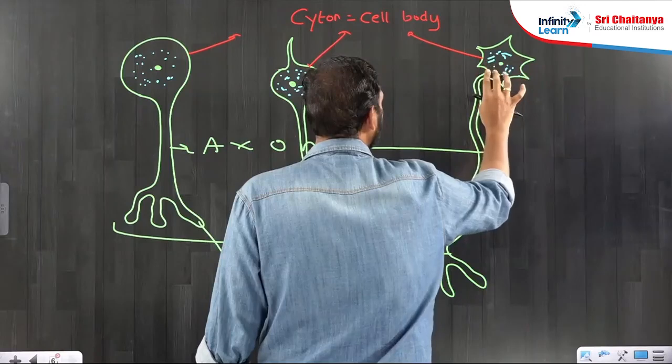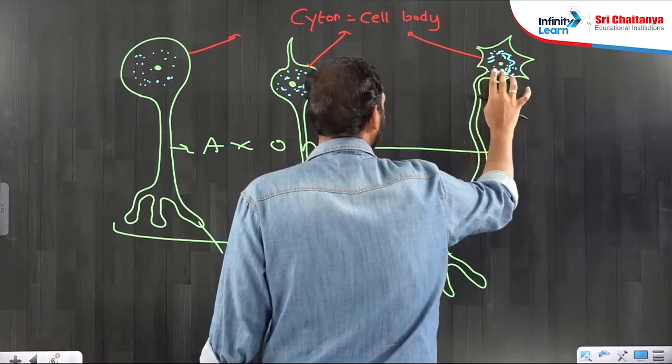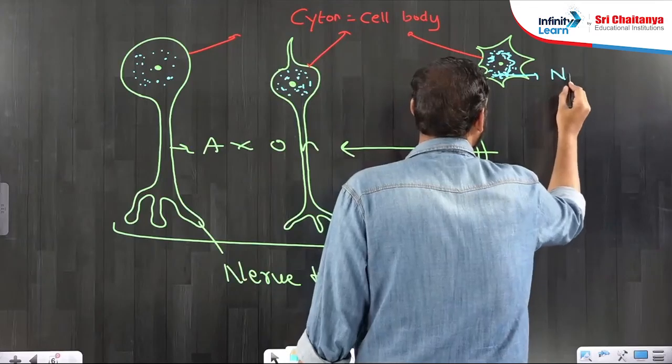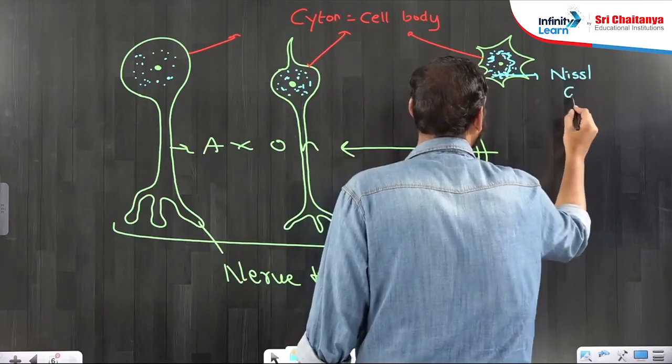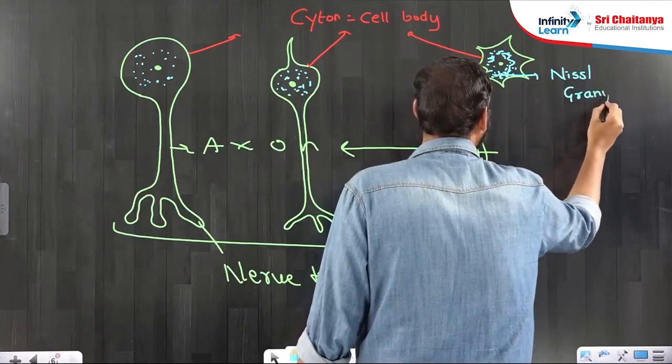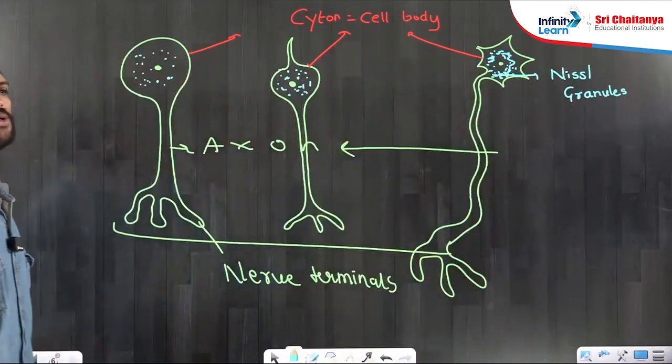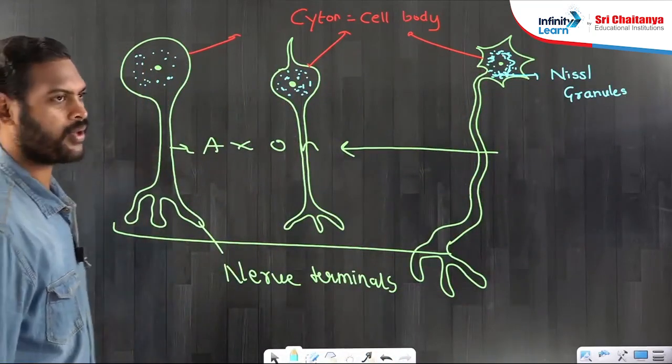What do you call these granules, which are actually ribosomes attached to endoplasmic reticulum? These were referred to as Nissl's granules or Nissl's bodies. Okay, Nissl's granules or Nissl's bodies, done.